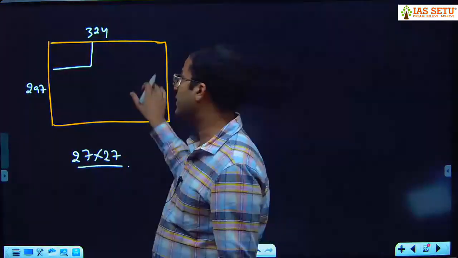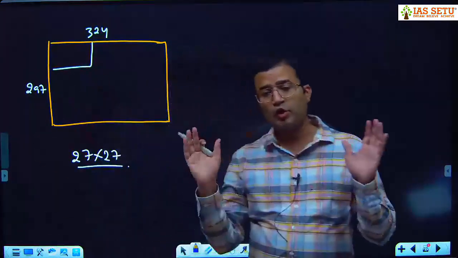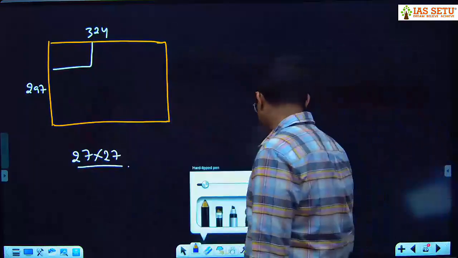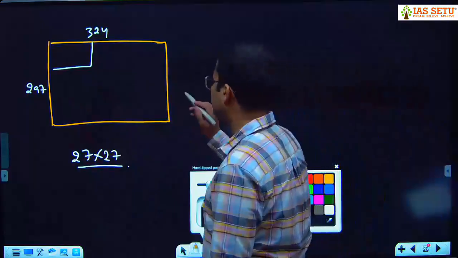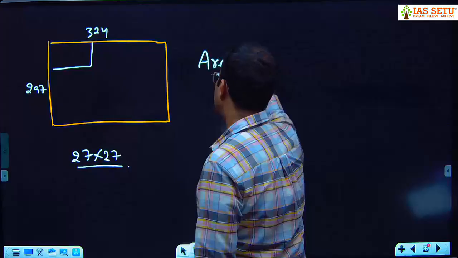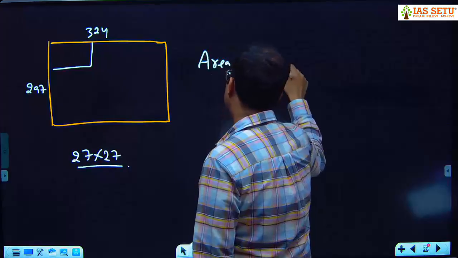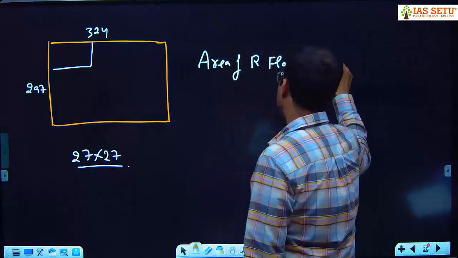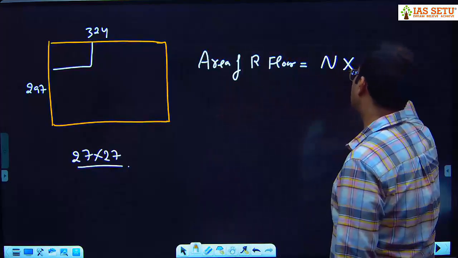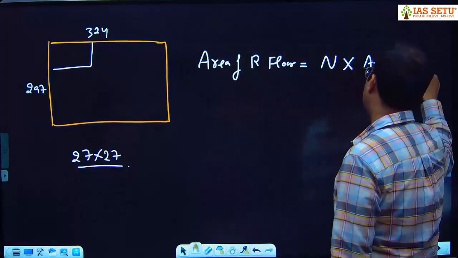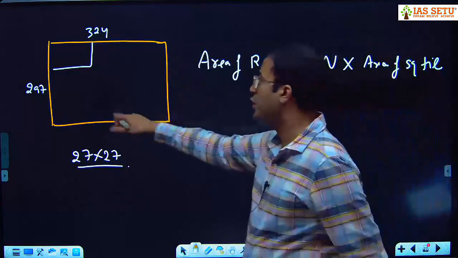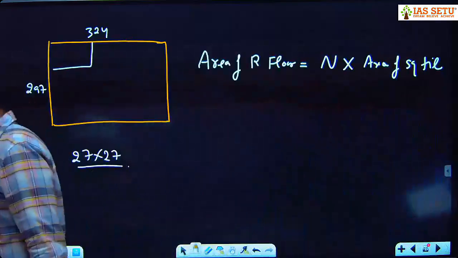See, the area of the rectangular hall and the total area of square tiles has to be equal. तो यहाँ पे एक formula use होता है, you can write in this particular question, area of rectangular floor is equal to number of tiles into area of square tile. एक स्क्वायर टाइल के एरिया को नंबर ऑफ टाइल से मल्टीप्लाई कर दोगे, you get the area of the entire rectangular floor.